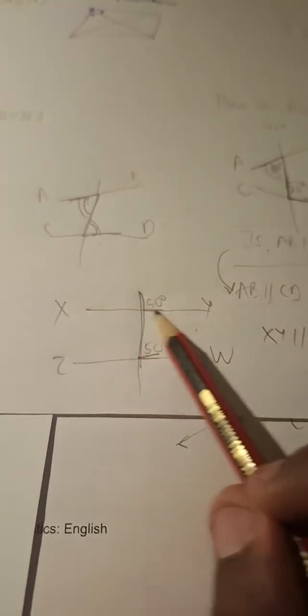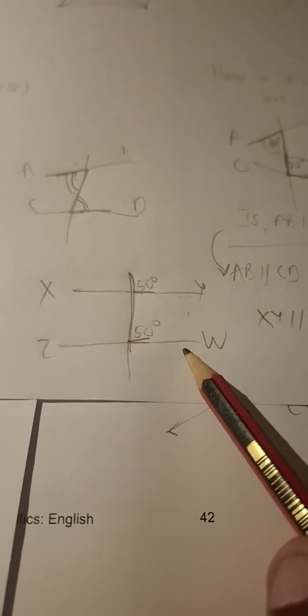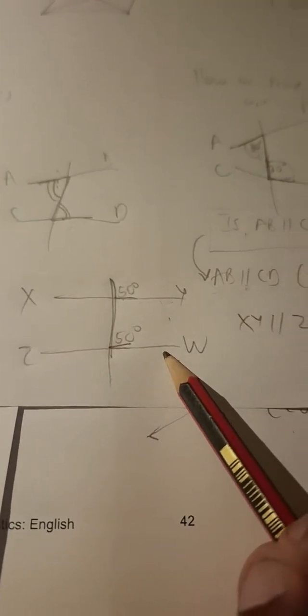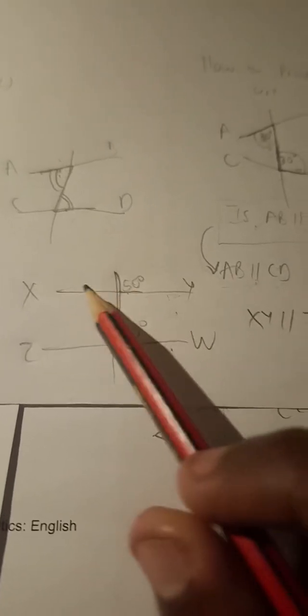Reason. Hey guys, this reason is very important. This thing is in the acceptable reason document. Corresponding angles equal. You have found that between these two lines, of course, you want to find out if they're parallel. But what are you finding?